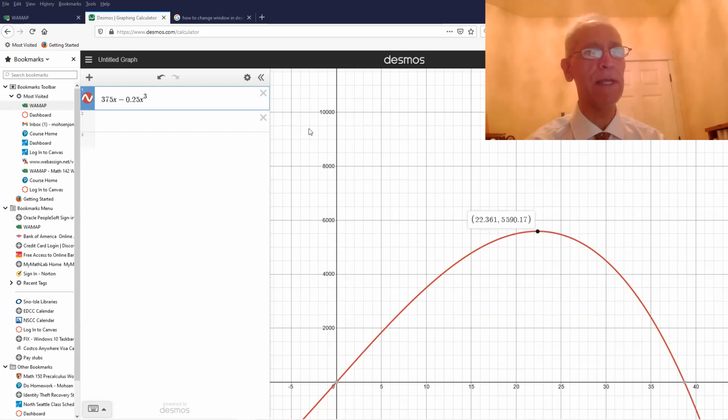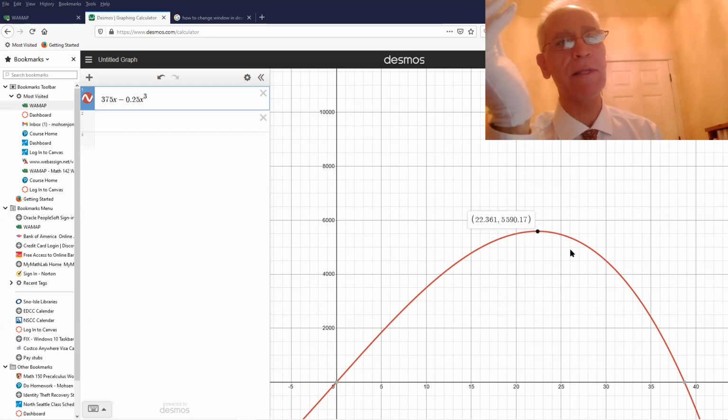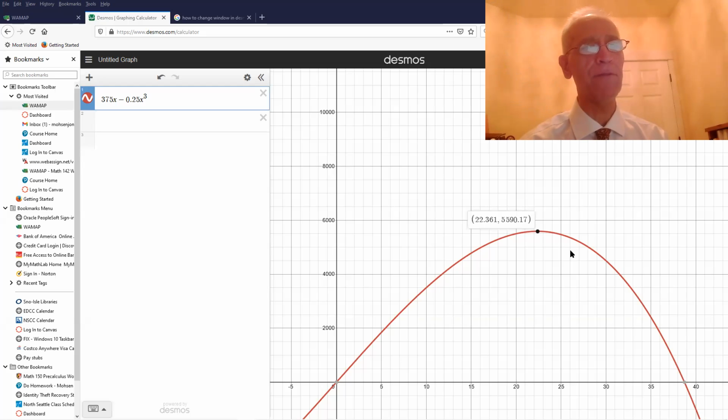And this is the graph of this function. Remember that we said that x has to be positive and y has to be positive. And I already located for you the local maximum right here in this graph. Hopefully you can see it.